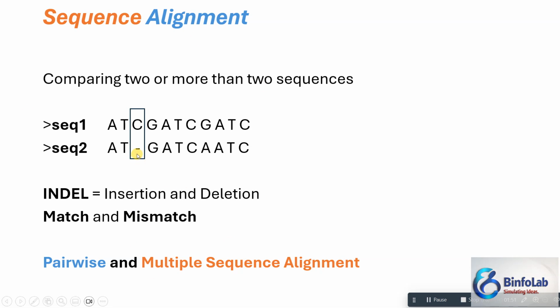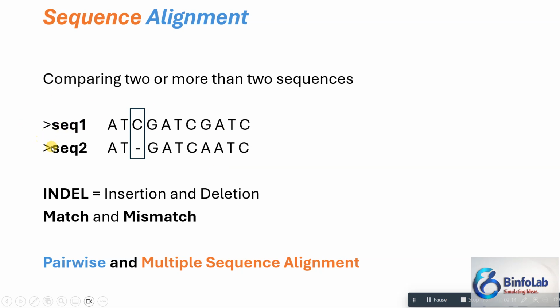So, what does this gap mean? This gap is introduced during sequence alignment to improve the comparison, to improve the alignment. How? This is a question we will discuss in this session, and we will also learn the sequence alignment.